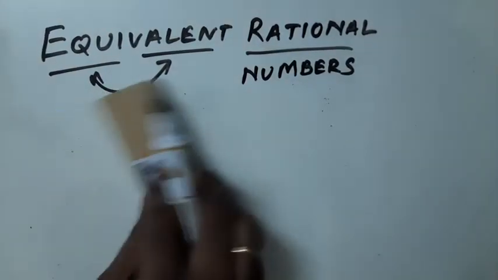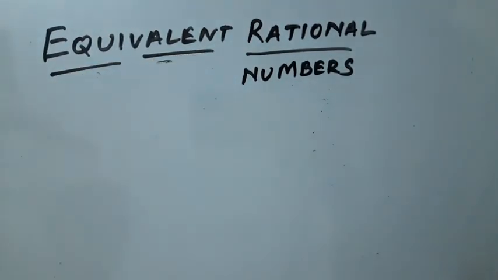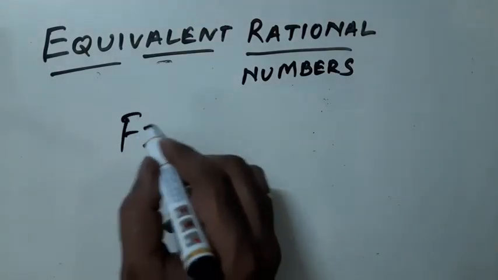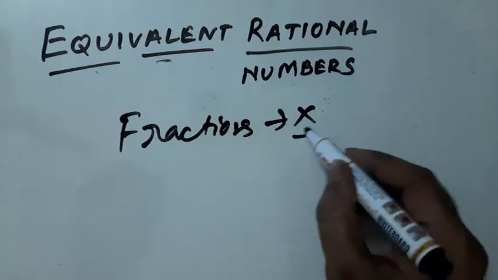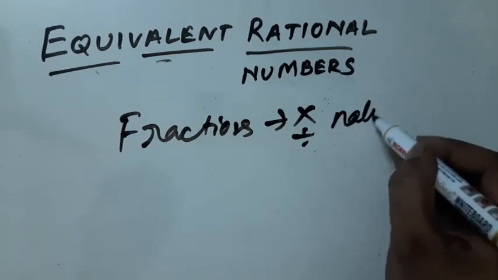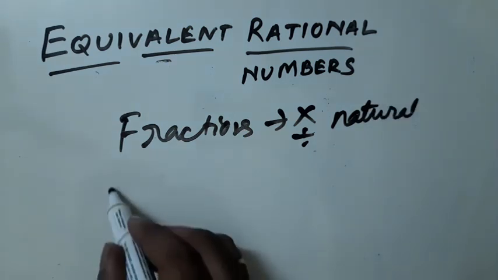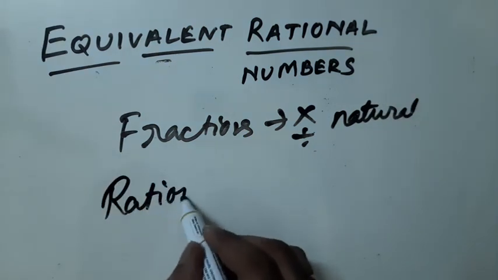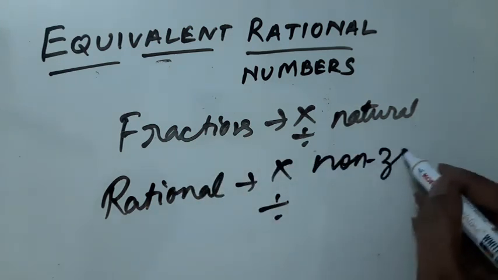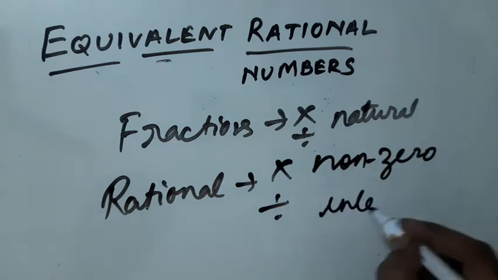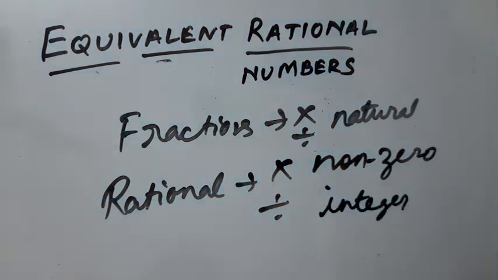Just remember, the way we do equivalent fractions, the same way we can do equivalent rational numbers. The only difference is that in fractions we can multiply or divide by any natural number, but in rational numbers we can multiply or divide by any non-zero integer, both the numerator and the denominator.